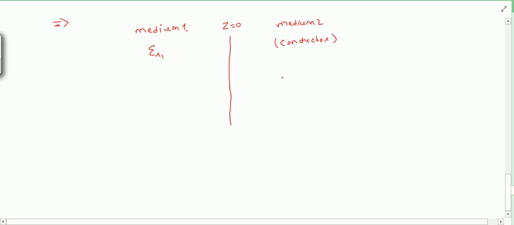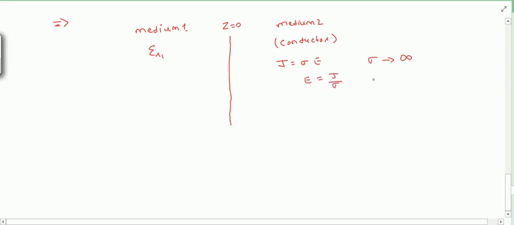for a conductor there will be no electric field inside a conductor, because current density is given by J equals to sigma E, and for a conductor we take sigma is very high, that is conductivity is very high. So if this conductivity is very high, then E equals to J by sigma.